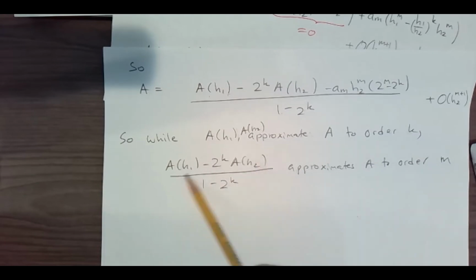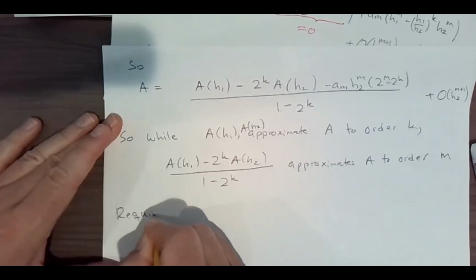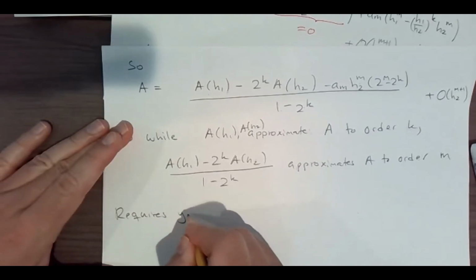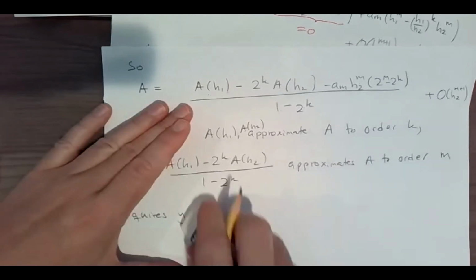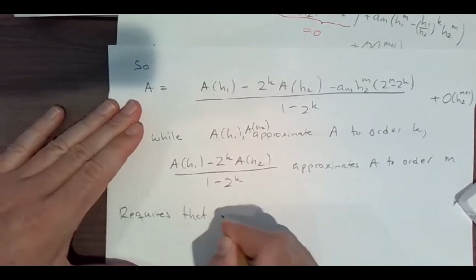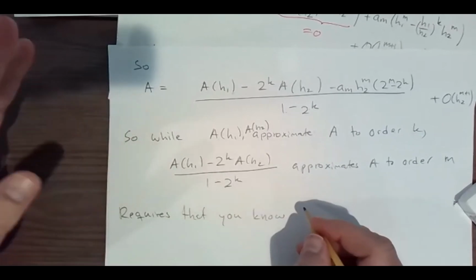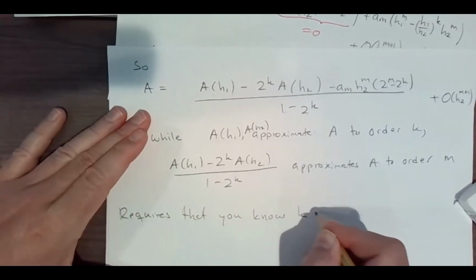So by computing the individual approximations, forming this new ratio, I get a better approximation. But of course, this requires that you know k.